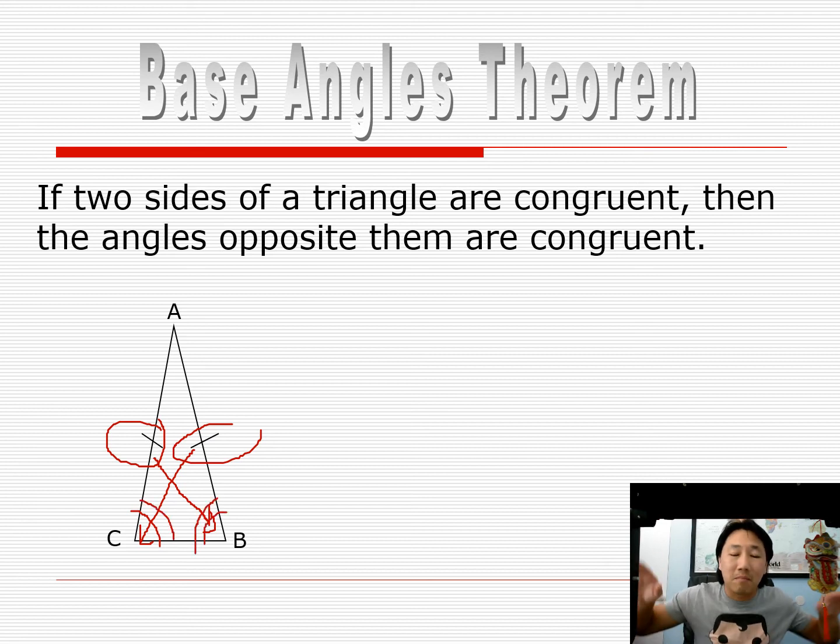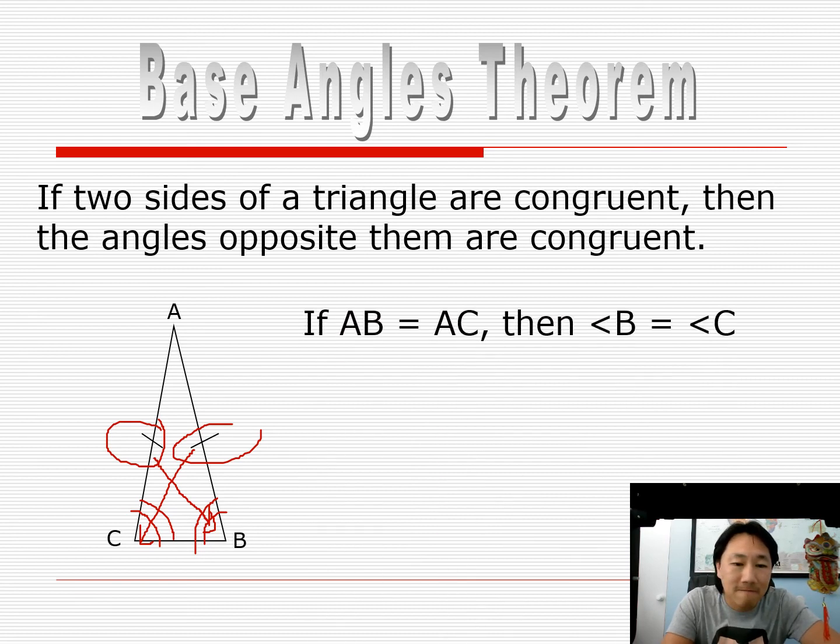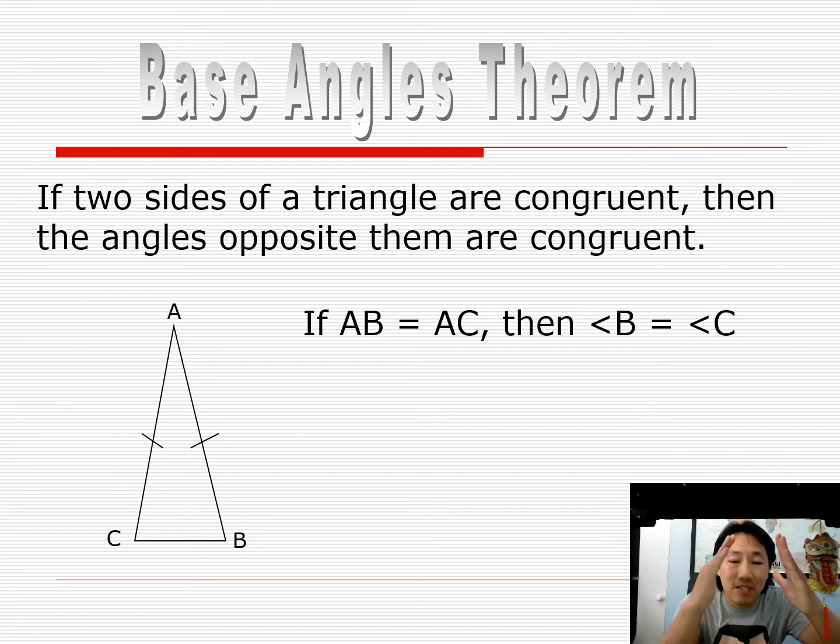That's why it's called base angles. If the two sides are the same, then the two angles are the same. So we have BAT, base angles theorem. Let's see how we can use that. If AB is equal to AC, then the angles B and C are also equal.